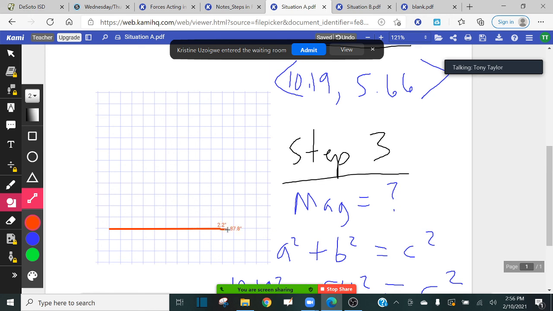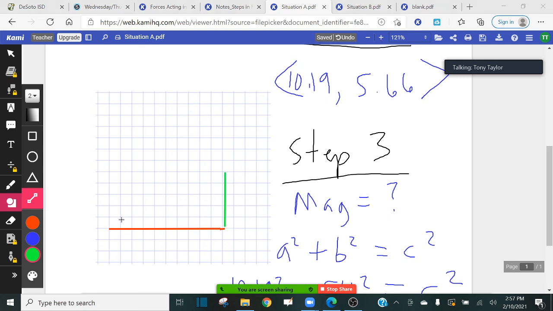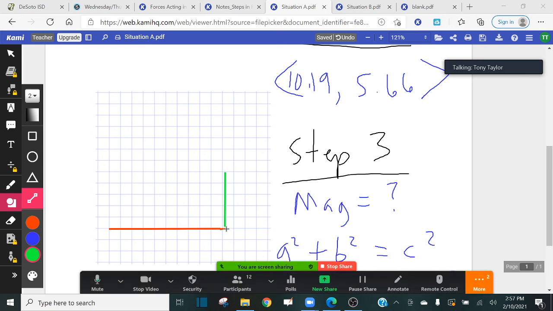So guys, 10.19 looks something like that, and then 5.66 looks something like this. Okay, so notice 10.19 in that direction, and then 5.16 pointed up.